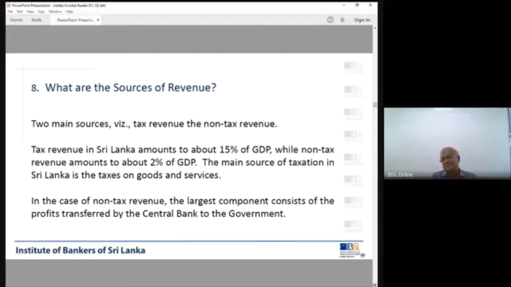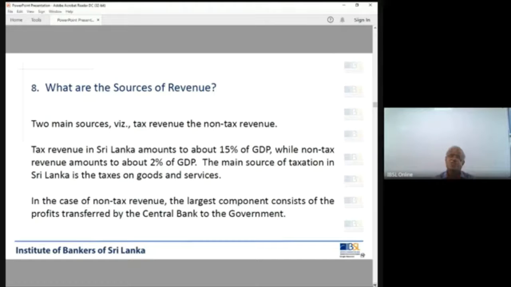Tax, non-tax. But the interesting thing is, government as an institution is a lazy institution, as a unit. The government lives on other people's money. In layman's language, what does that mean? Other people's money means taxes.